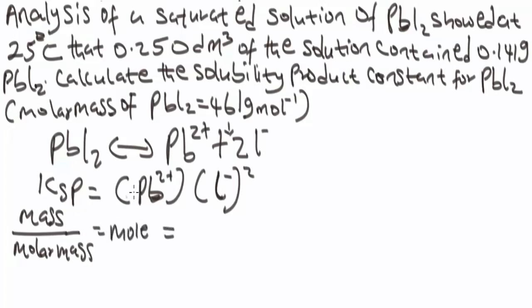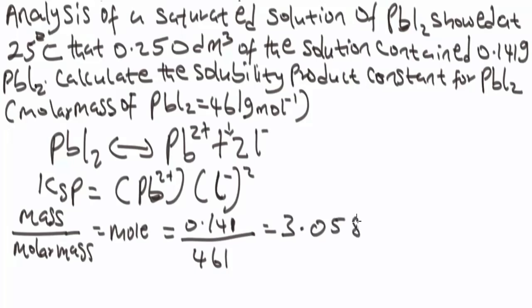So for this particular reaction, it's going to be the mass of lead-2 iodide, here 0.141, over the molar mass, 461. Let me use my calculator. It's going to give us 3.058, if I leave it in 2 decimal places, times 10 to the power minus 4 mole.